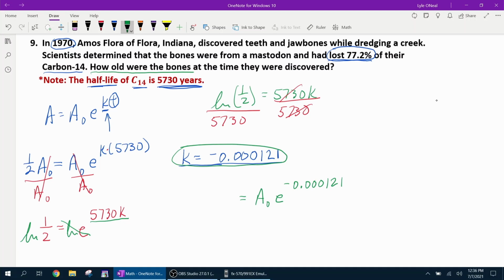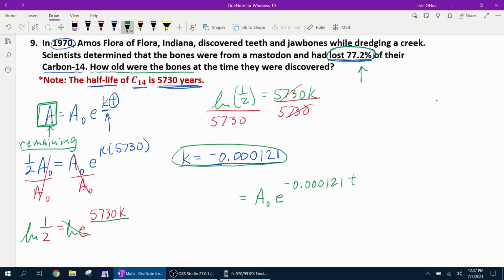And since we're looking for how old the bones were, that means we're looking for time. On the other side is where this percent comes into play. This is where I need to make sure that you understand the formula. This value here, A, is the amount of stuff left after a certain amount of time. It is the amount remaining.